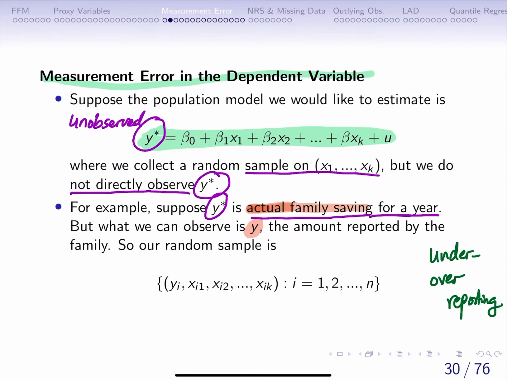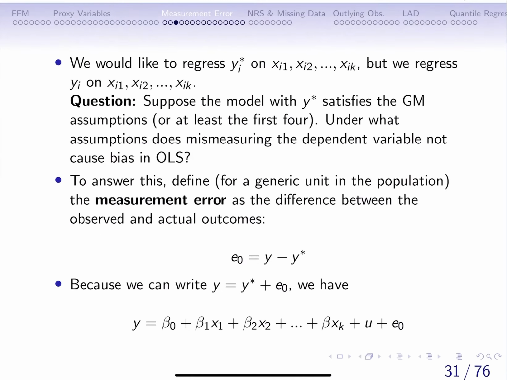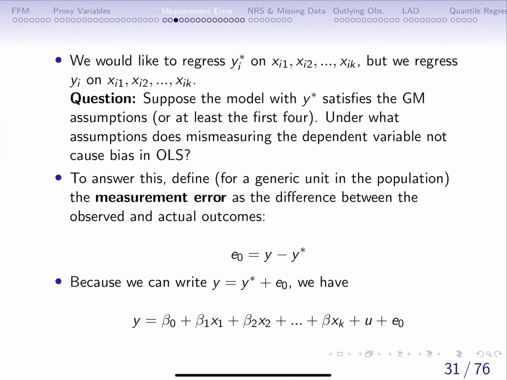Anyway, going back to this example, this is y star, actual family saving, but what we're getting is just what they're reporting in surveys. What we would like to do is regress actual savings. We want to understand what determines actual saving rates, but the best we can do is regress what they reported in the survey on all the X's.